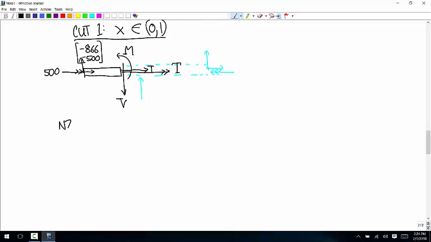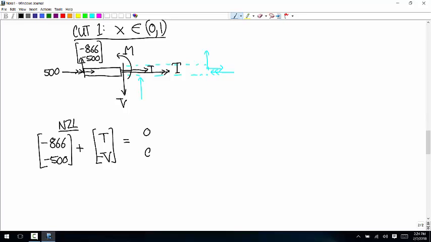Okay, so let's start with Newton's second law. We have negative 866, negative 500, plus the vector T, 0, plus the vector 0, negative V. I'm just going to write that all as T, negative V, is equal to zeros. T is equal to positive 866.